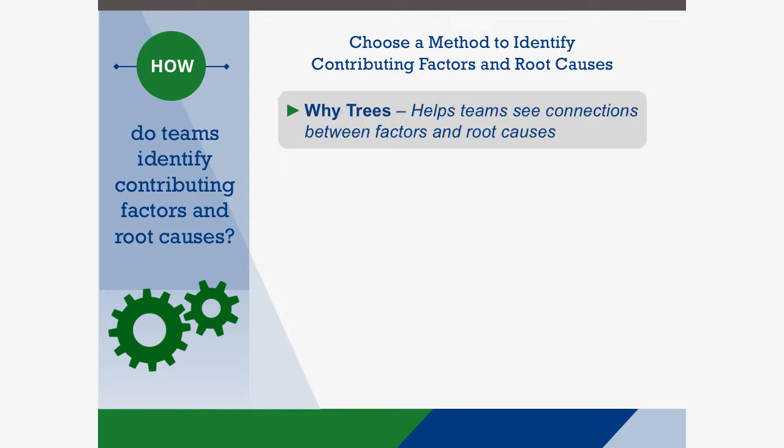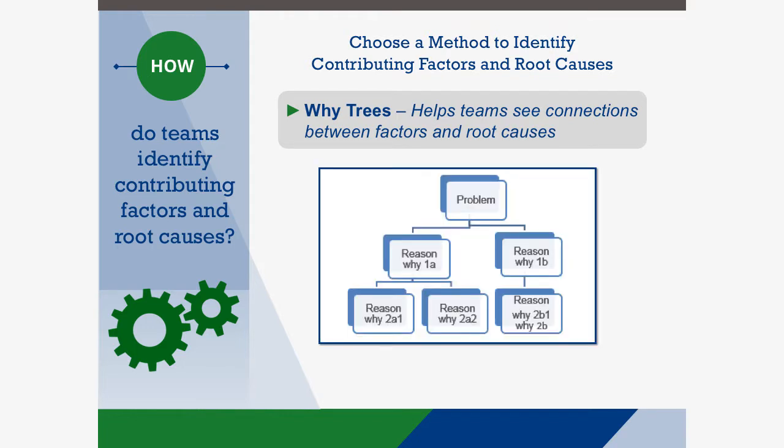After completing the 5 whys, a why tree can help teams illustrate the connections between multiple factors and possible root causes, or even identify other ones that could impact the problem. Teams put the problem at the top of the why tree and enter each of the first level of contributing factors from the 5 whys in the first level of the tree.